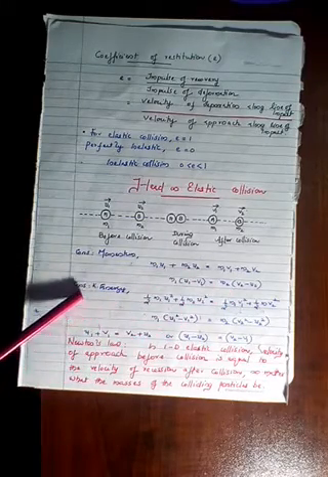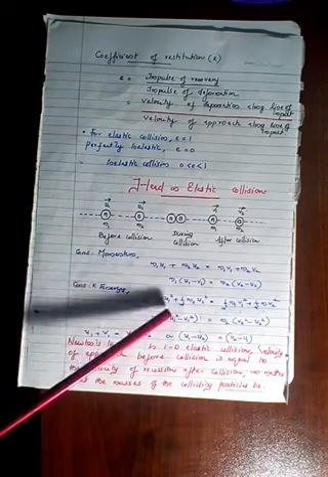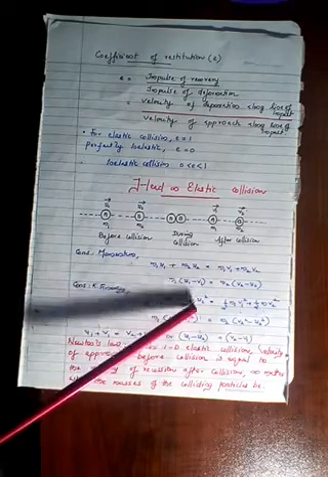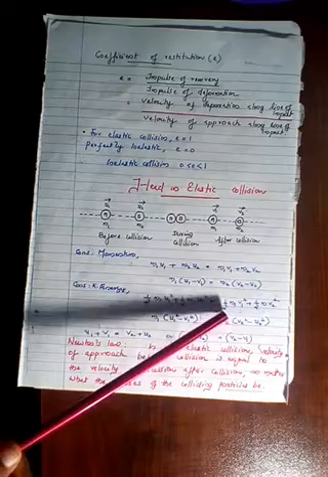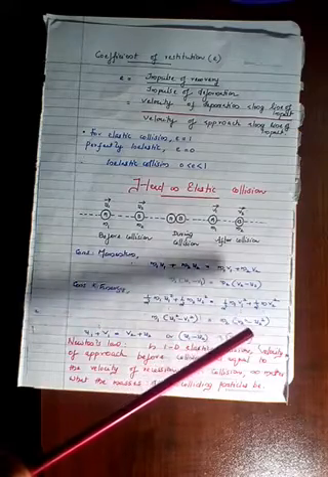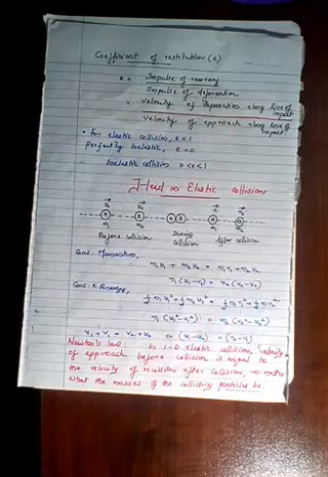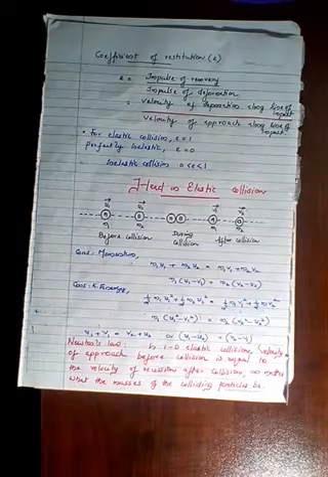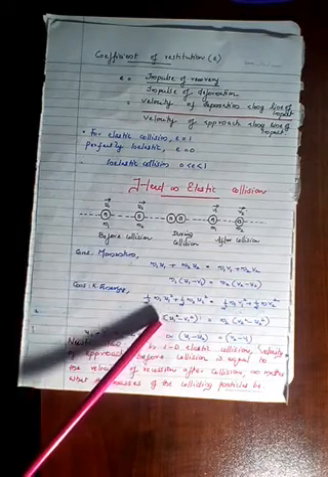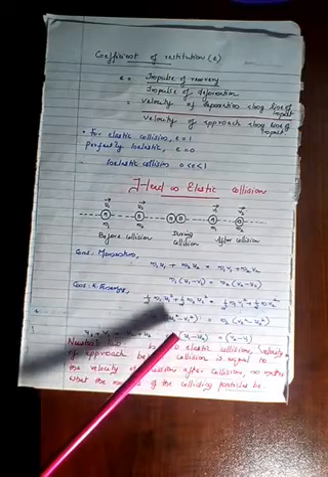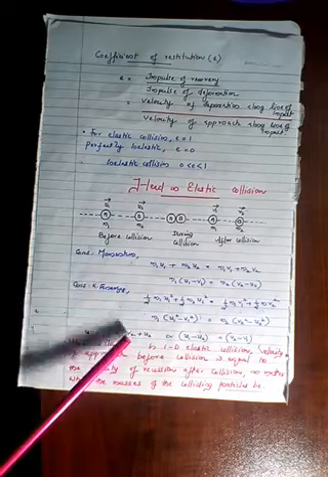And again for the conservation of energy, you can write half m1 u1 square plus half m2 u2 square equal to half m1 v1 square plus half m2 v2 square. So that is a very important concept.